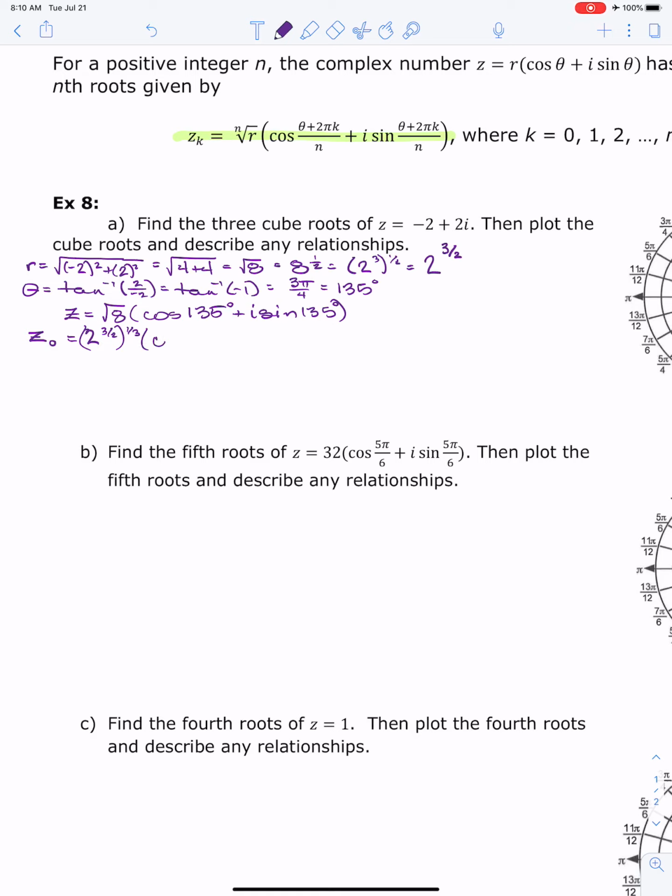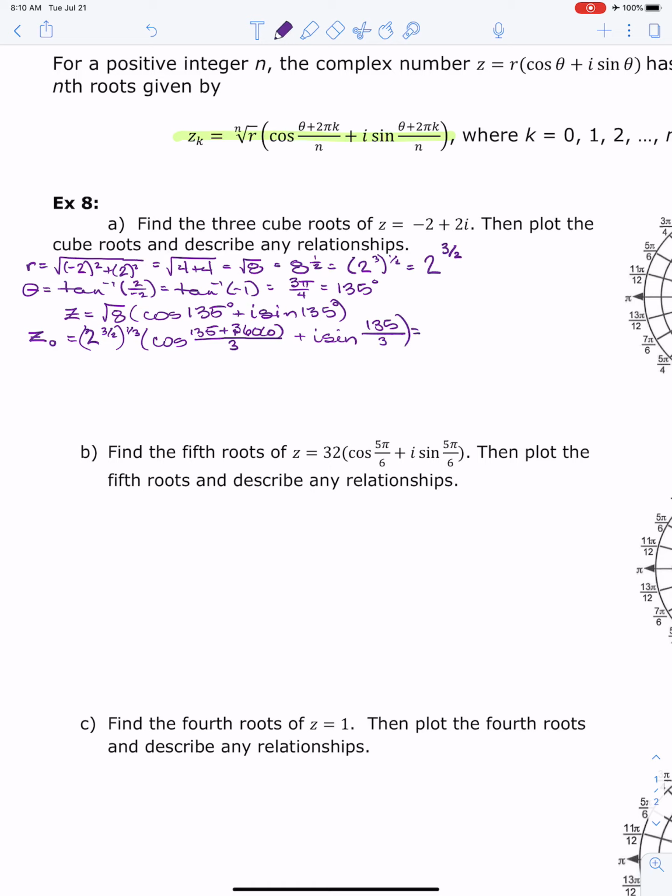And then I've got the cosine of 135 plus, notice how it says k starts at 0, so I'm going to add 360 times 0, and I'm just writing that in there so we keep track of everything, divided by 3, plus i sine, same thing, 135, I'm not going to worry about the 360 times 0.